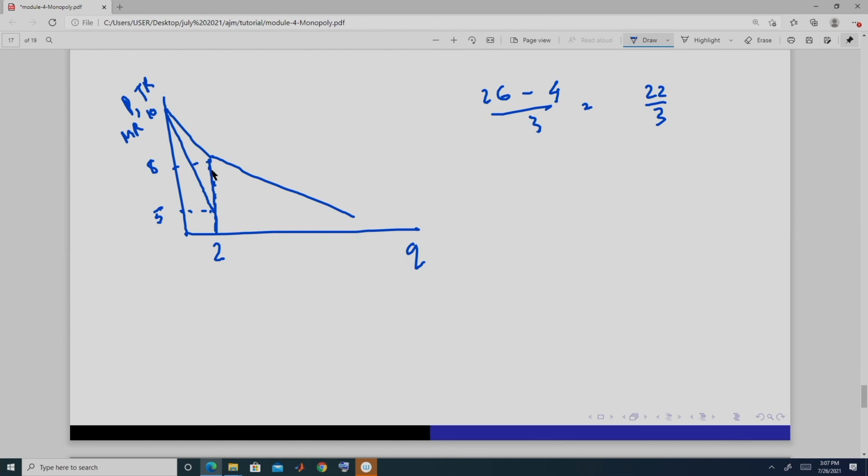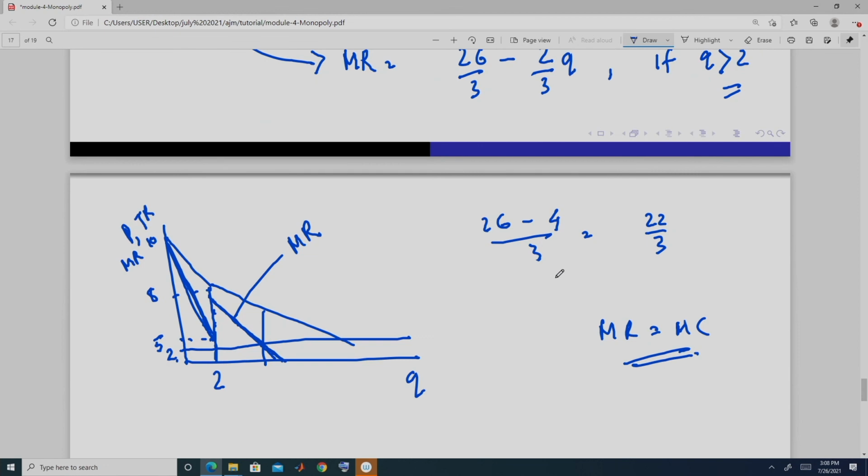So, it is this. So, this is the marginal revenue curve, this for here and this till this much. And marginal cost is this, it is 2. So, the monopoly output is this, because marginal revenue is equal to marginal cost, it is here.